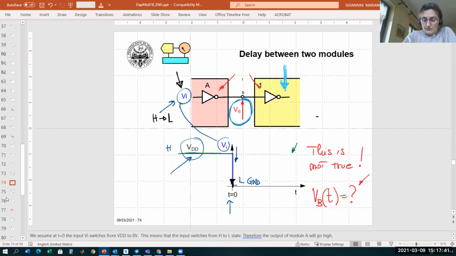Then the voltage here will switch from low to high, but not at t equals 0. It will switch later on when this one is higher than VIH. And we measure this one as the delay.